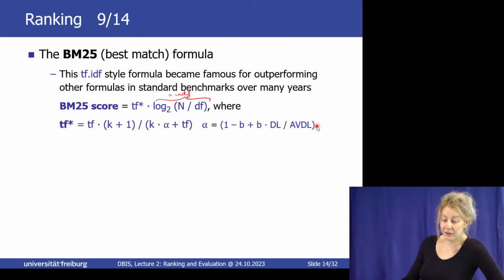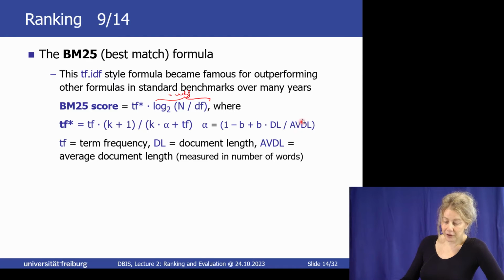Where alpha is this, where DL is the length of the document, and average DL is the average length of the documents in my collection. So this says this document is twice as large as the average, or is half the average size.